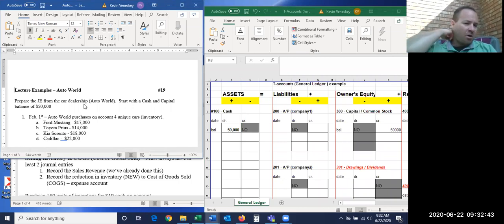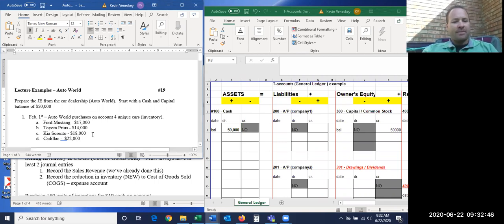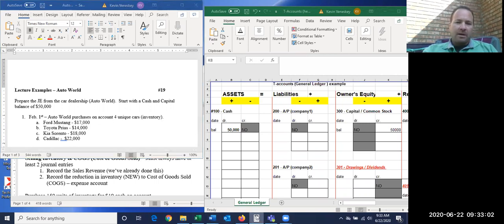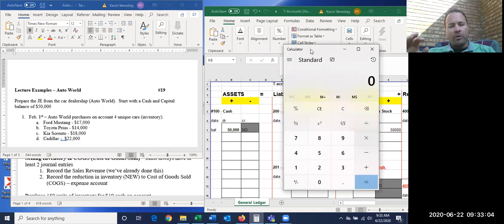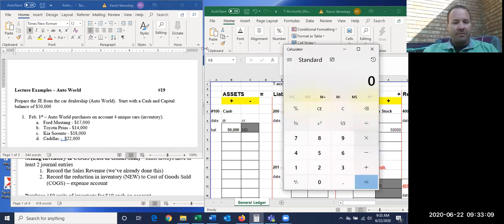Once we have that, we are purchasing our first set of inventory. We are a small car dealership, and we are purchasing these 4 items from who knows where, and hopefully we are going to be selling them for more than this. So we're buying these 4 cars, and it says we're buying them on account. Now, you would be separating these out as 4 different pieces of inventory and keeping track of them like I have here.